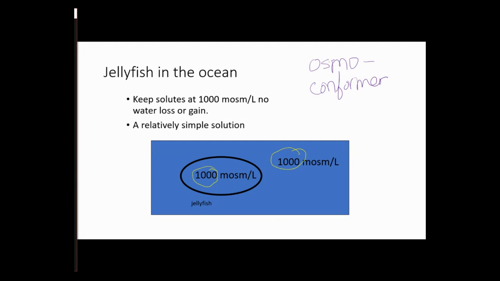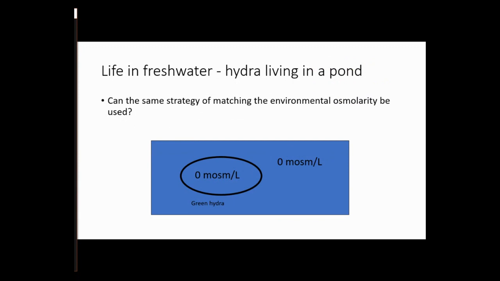But let's explore what some of the potential problems for this are. So let's look at a different osmoconformer situation. What if I wasn't in the ocean? In this case, I'm in a freshwater situation. Most freshwater, and this is not exaggerated, has near zero salt, of actual salt, sodium chloride.